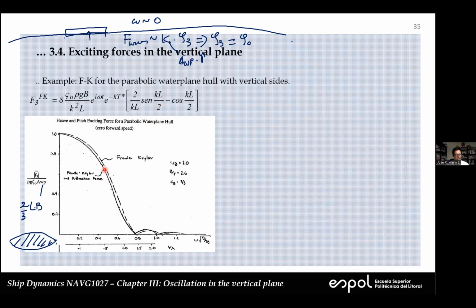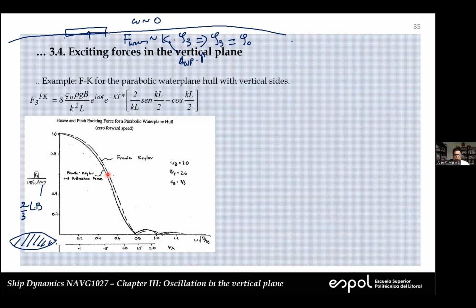This is just comparing the influence of the diffraction force. In this case, the waves are coming from the bow, and you see that the difference is very small. So from this graph, we can say that the influence of the diffraction in this situation, waves coming from the bow, is negligible.